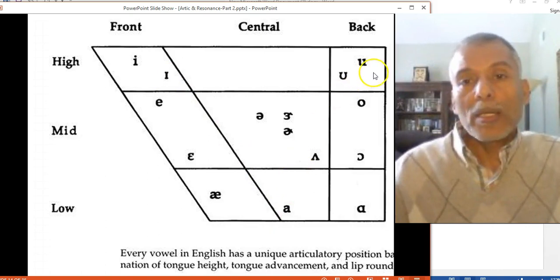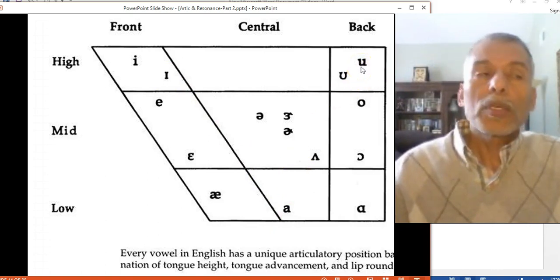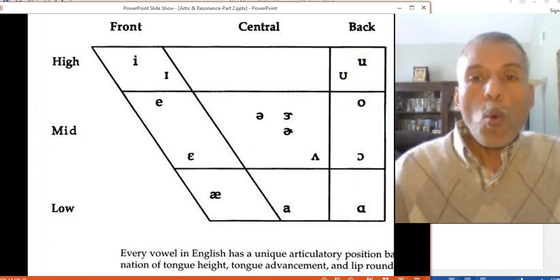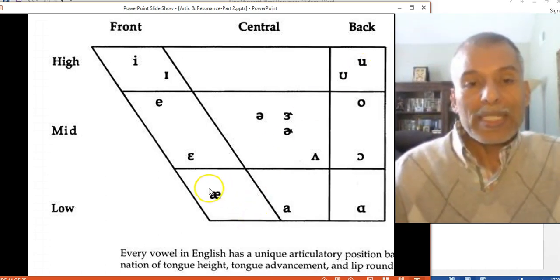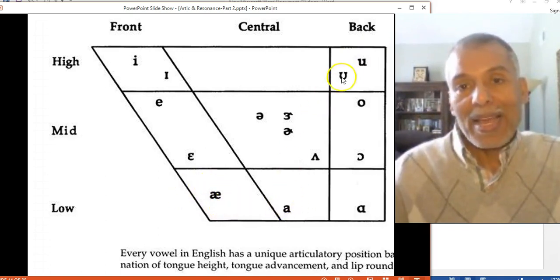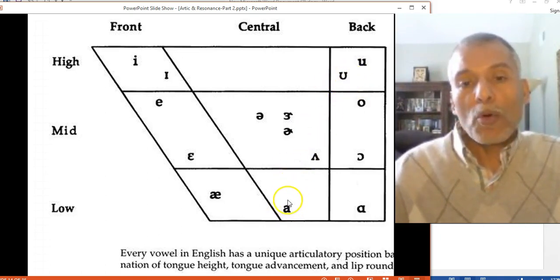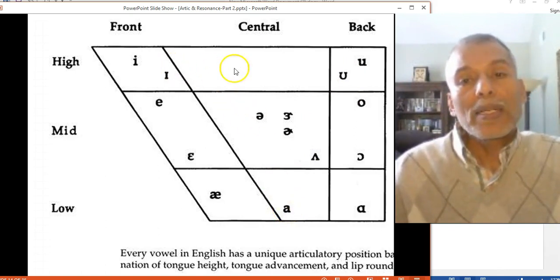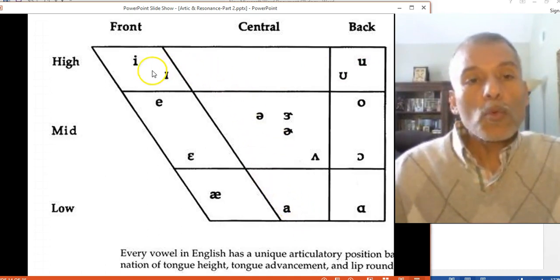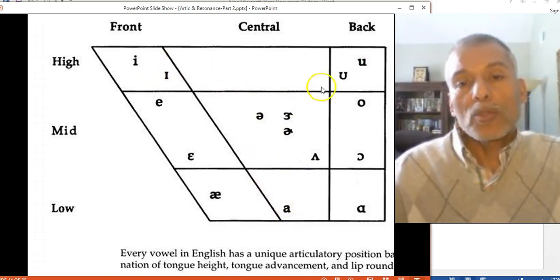And then you want to say, for example, ow, you get this and then oo, blend them, and the result is you get this sound, and you get the shorter form, so they are blended together to make ow. So in both cases, for the off glides, you rise. So these are the only off glides in English, and for one you rise forward, and for the other you rise back.